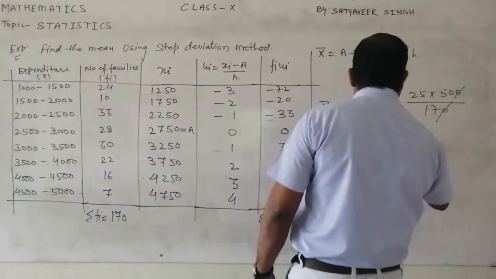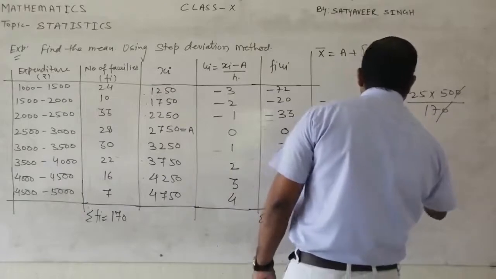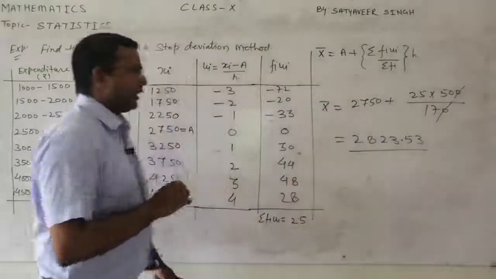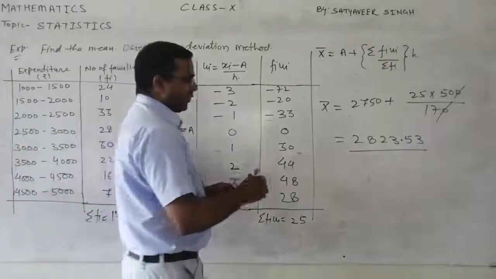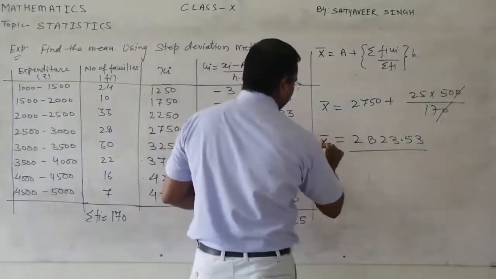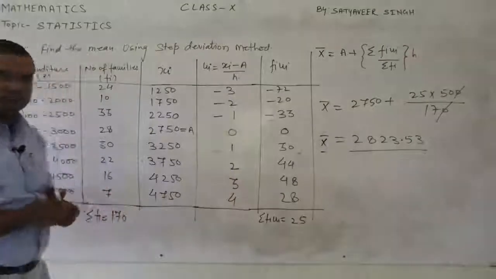This is the result. So on average, the expenditure of the families on education is 2823.53 rupees. This is the mean of the data using the assumed mean method.